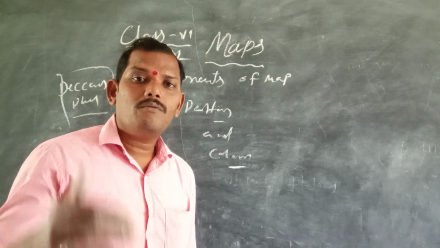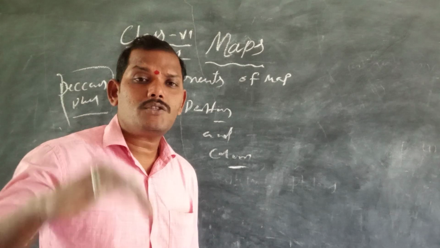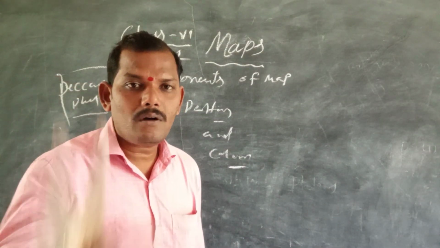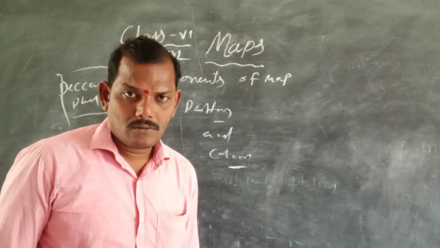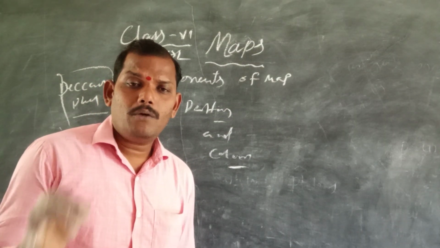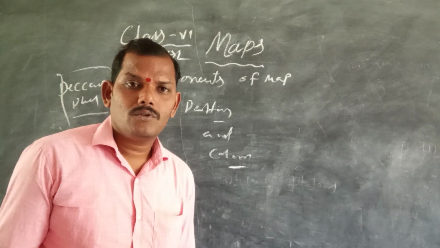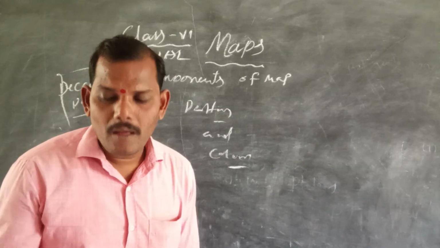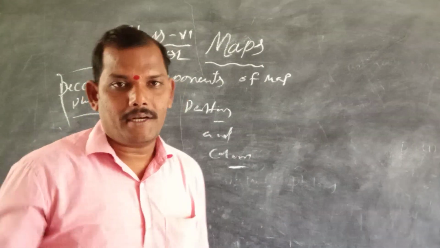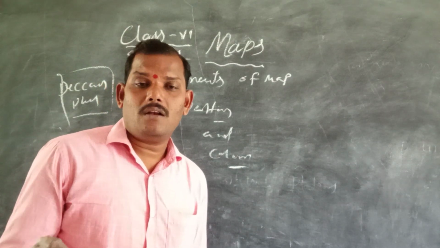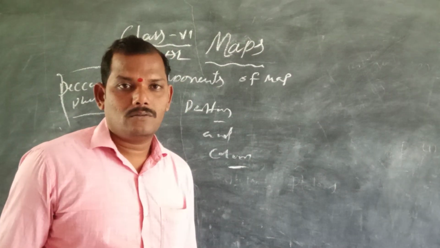That's why we use these colors to represent these features of land. Okay, you can understand? Right. Why do we use the colors? To represent the physical features of land. Okay.